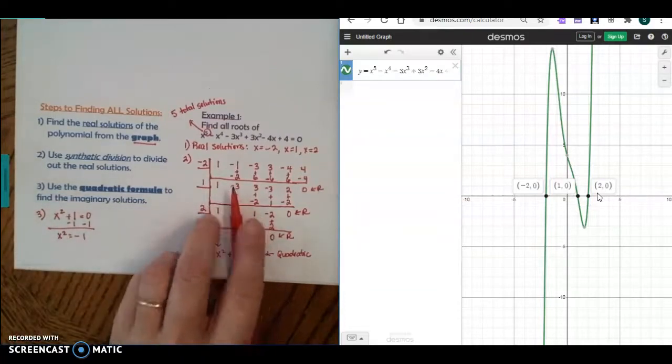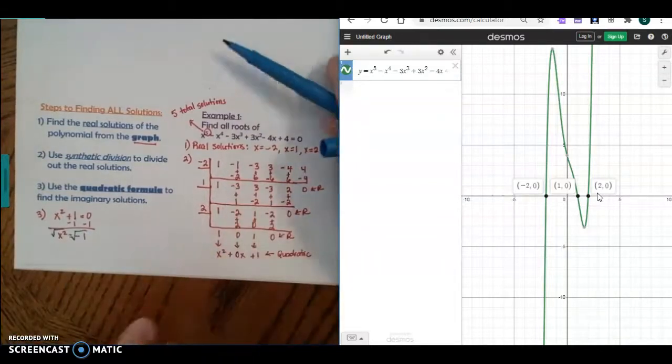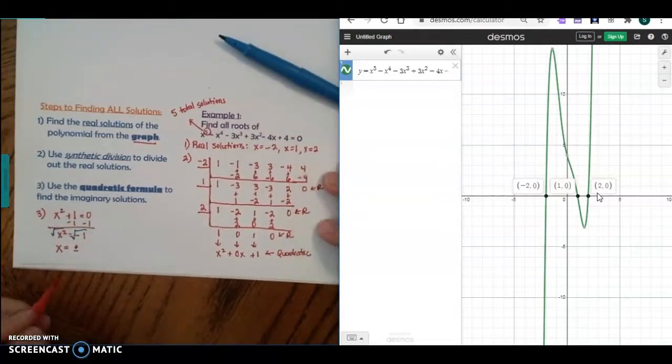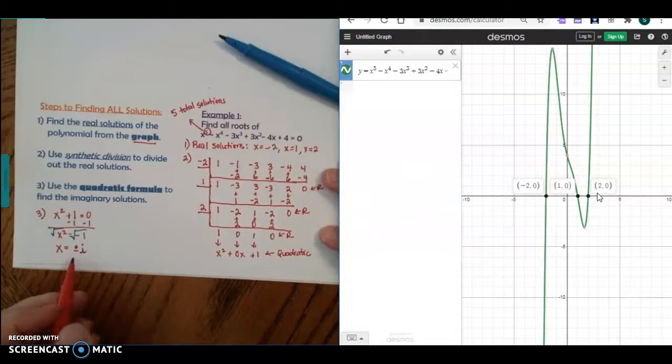So then when I take the square root of both sides, anytime we take the square root, you should get two solutions, plus and a minus. You know the negative comes out as i, so you basically have plus or minus i for your two imaginary roots.